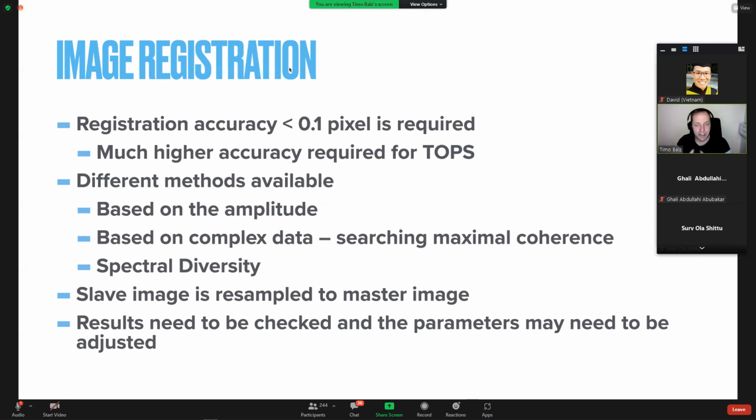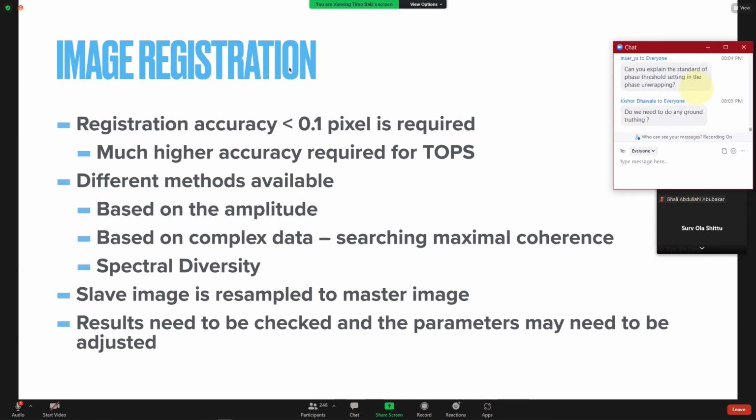Then we need to register the images. So we need to define the master image or the primary image and the slave image, also the secondary image, whatever you'd like to call it, right? We make sure that this second image is overlaid to the master so that both the pixel coordinates are identical.